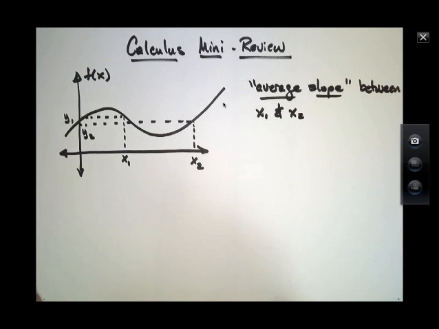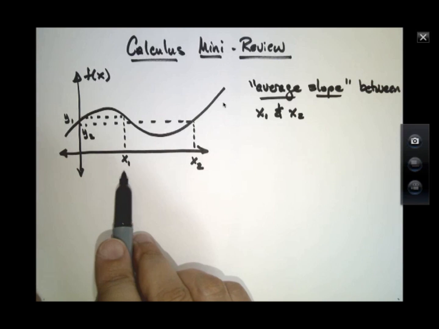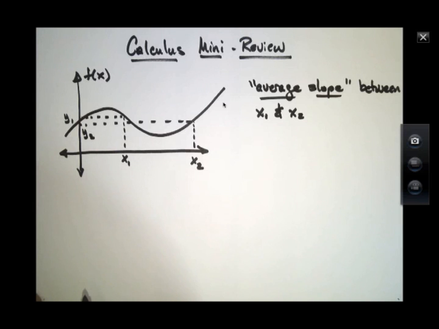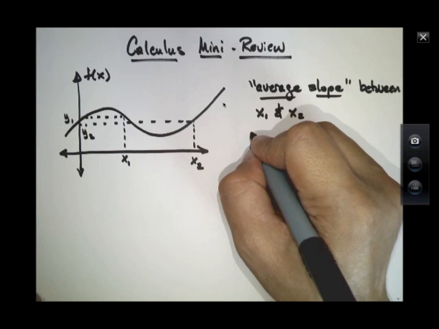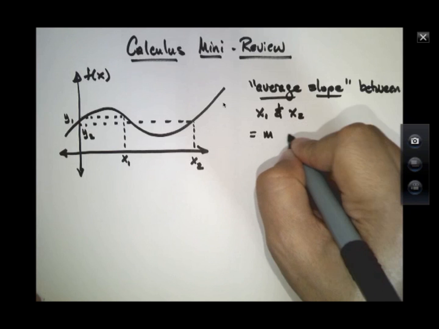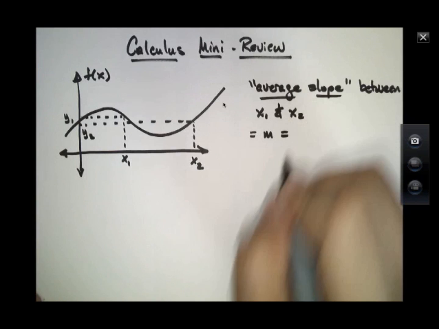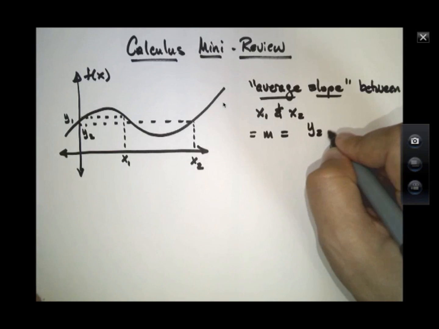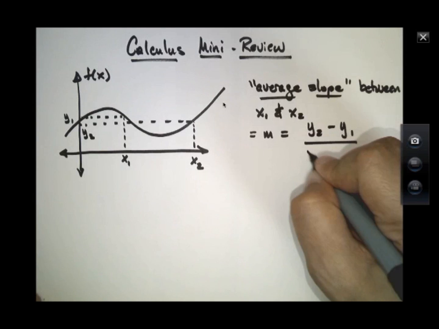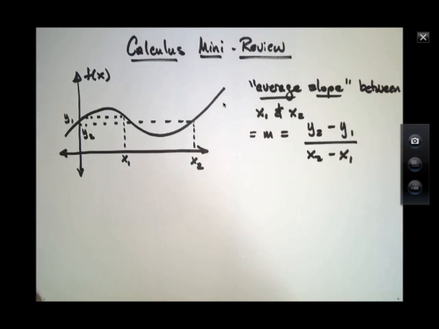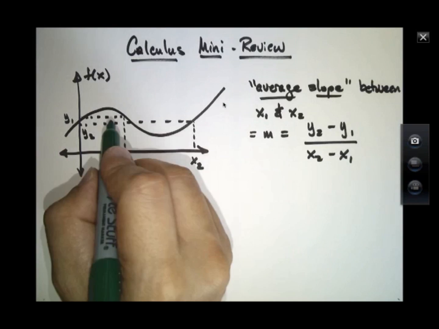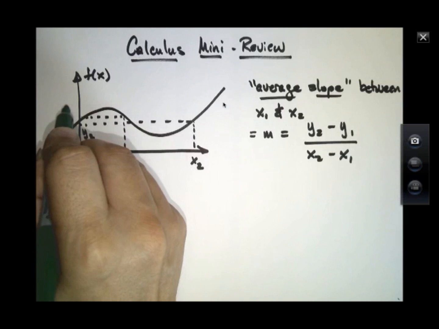So between any two locations on the function, we can define an average slope between x1 and x2. Sometimes you see the symbol m, and this is defined as y2 minus y1 over x2 minus x1. Graphically, the average slope looks something like this.